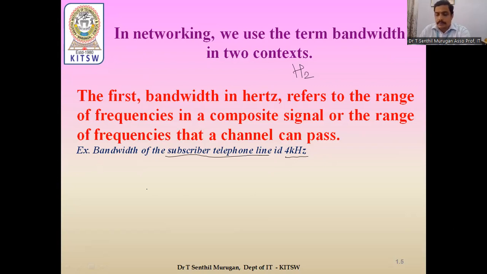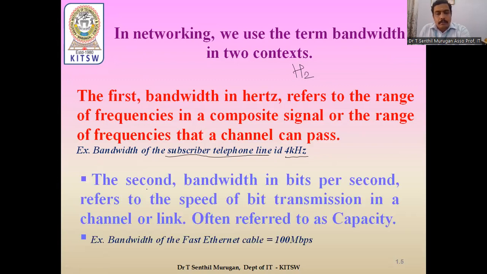Next point is bandwidth in bits per second. When we are thinking about signals, it may be an analog signal, which may be represented using hertz. Second one is bits per second: per second, how many bits are transmitted? Bandwidth in bits per second refers to the speed of bit transmission in a channel.